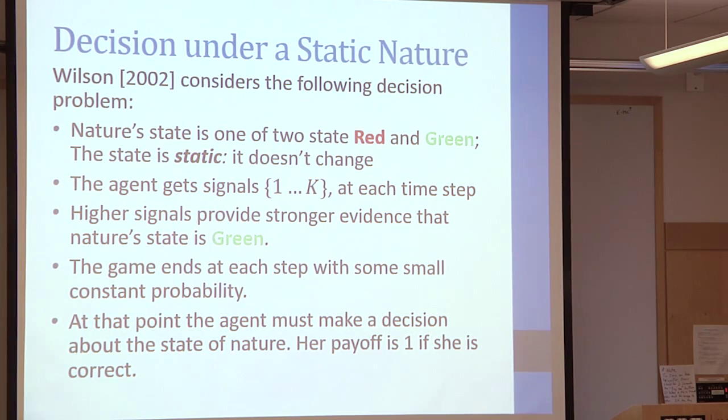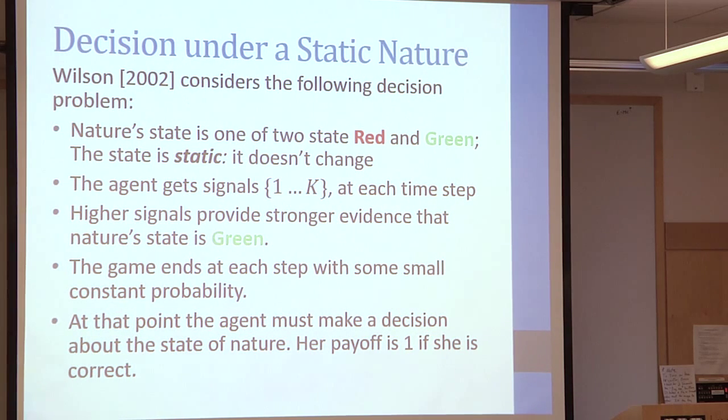And at some point, with some very small probability, the game ends. At each round, you get one signal, and with some probability, this is the last signal, where you then have to make a decision. If you're right, you get a payoff of 1. If you're wrong, you get 0.